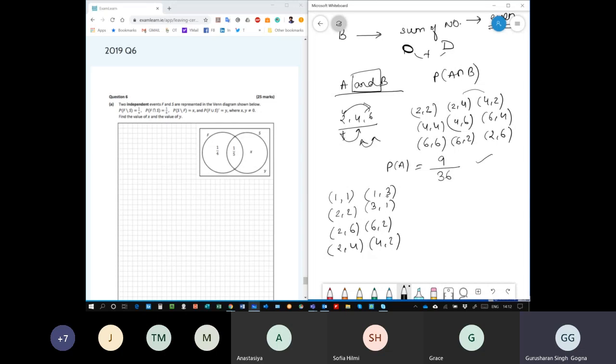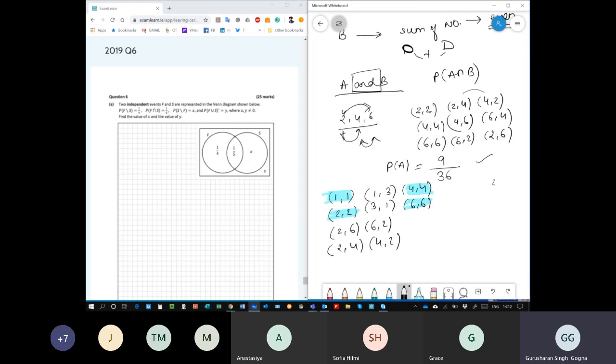You can get 2 plus 2, 4. 2 plus 6, 6,2. 2,4. Any other? 4,4, and 6,6. So you can use the doublets. You have a doublet here, here, here, and here.